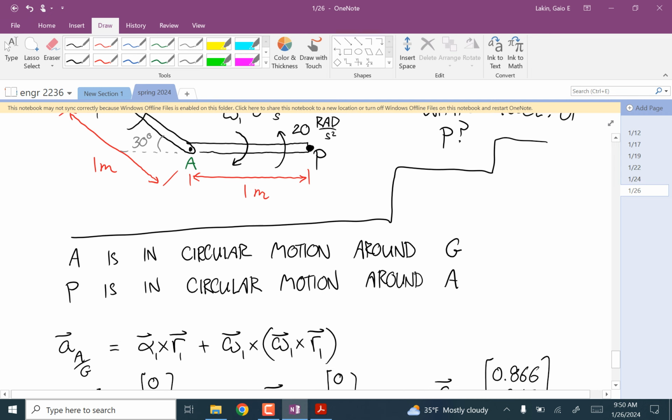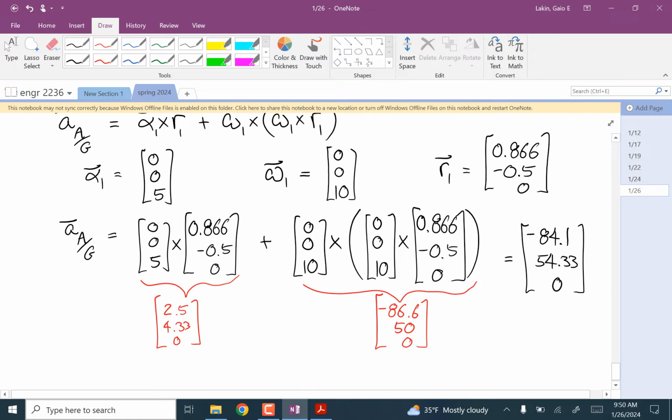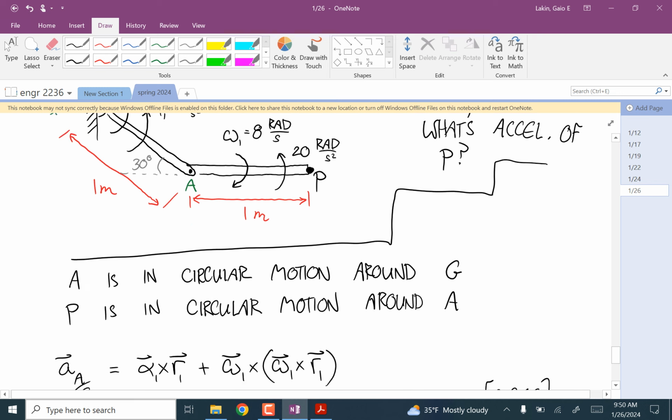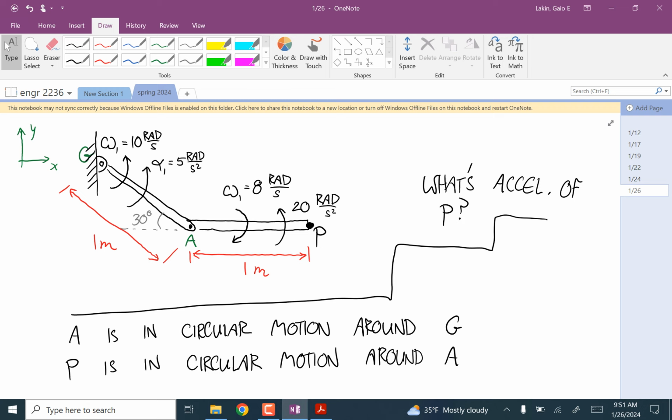Okay, so now we have to do, and we don't have time to do it, but I'll set it up. So now the acceleration of P relative to the elbow point, you can think of it as assuming that that elbow point is not moving, is equal to, we're going to use the watermelon equation again. This time alpha is positive and omega is negative. I should say 2.